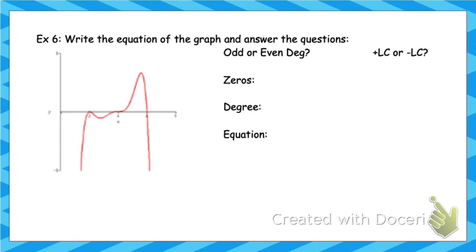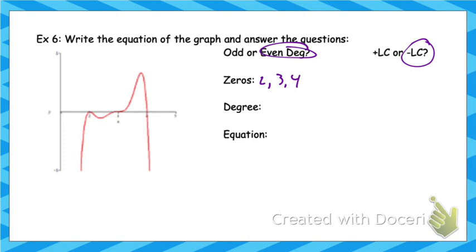All right, so then this last one again, working backwards. Looking at this graph, we can tell that this is going to have an even degree because my ends are going in the same direction. I can also tell it's a negative leading coefficient because the right end's going down. I can find my zeros. My zeros are the x-intercepts, 2, 3, and 4.